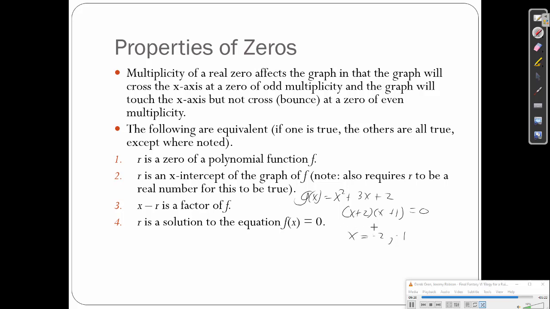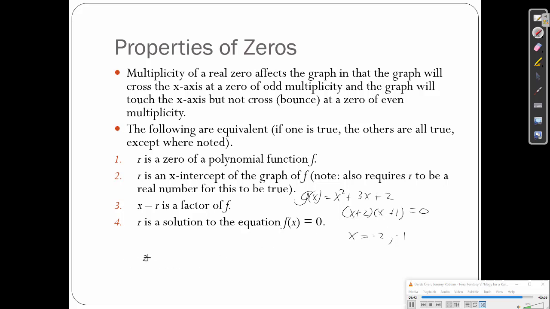What this is saying is, if you look at these zeros, negative 2, the function they came from has to have a factor that's x minus that 0. And x minus negative 2 is x plus 2. There it is. It has that factor. x minus negative 1, x plus 1. It's right there.